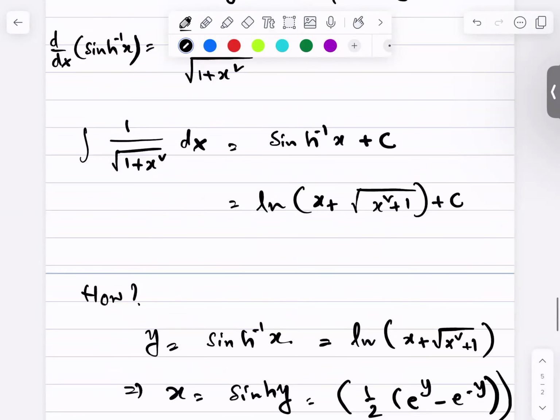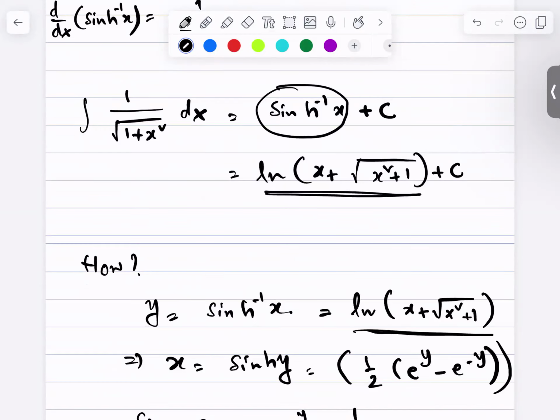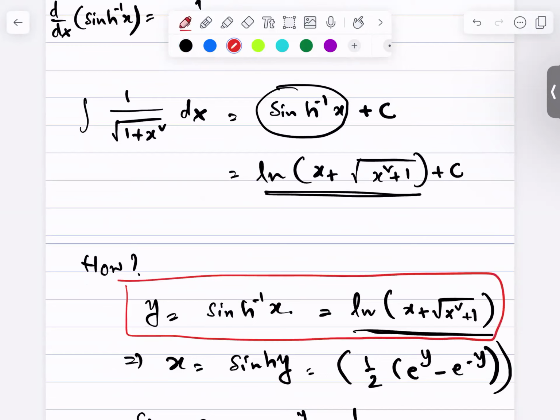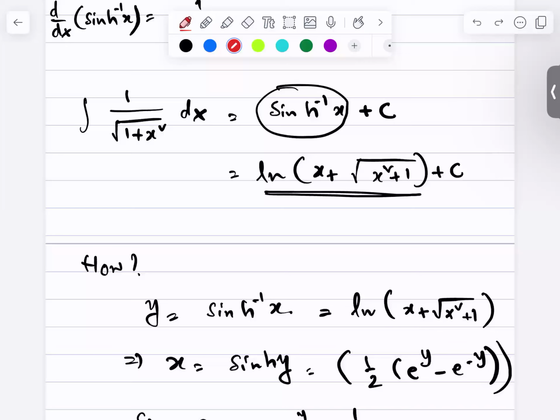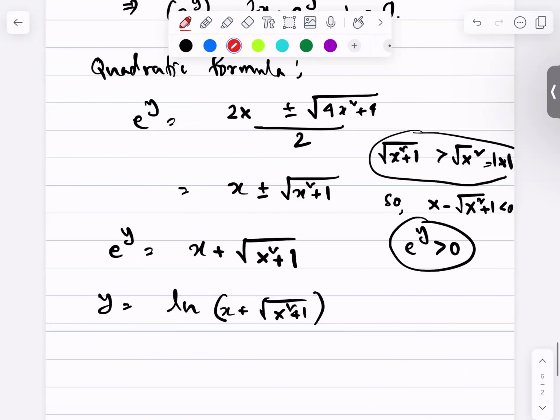So therefore, we can see that I just replaced sine hyperbolic inverse x with the other quantity there. Okay. So comparing these two lines, I can say that these two things are equal. I hope things are a little bit clear. Okay. Cool.